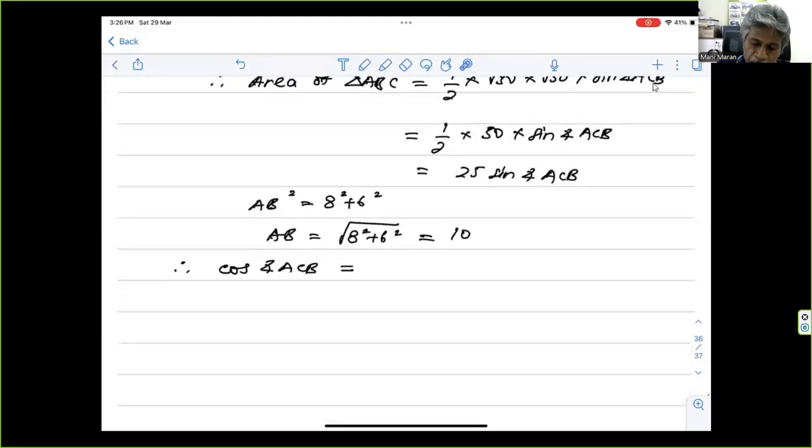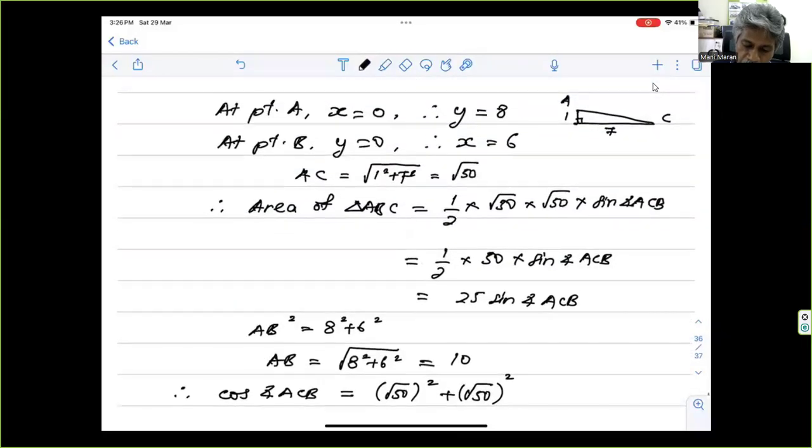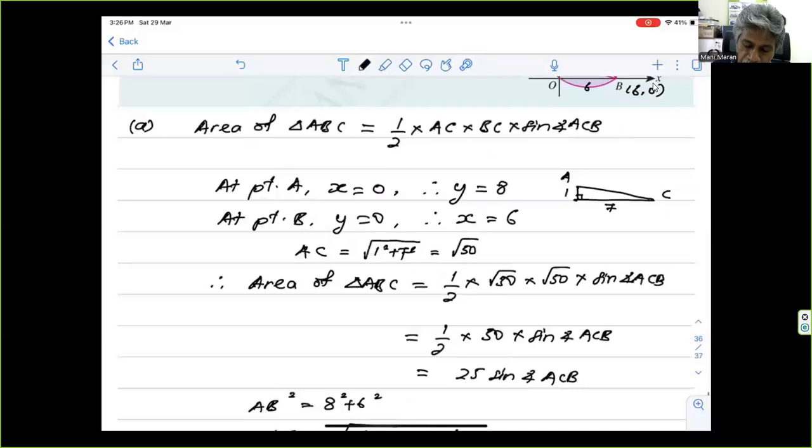So AC square will be square root of 50 square, okay, plus square root of 50 square, because AC is equal to BC.